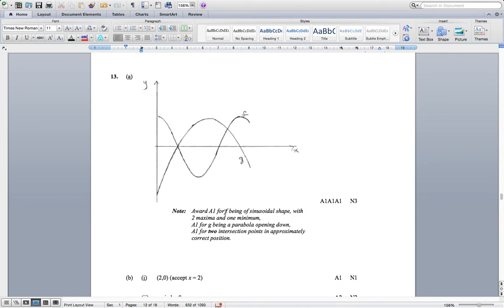Award A1 for f being of sinusoidal shape, with 2 maxima, here and here, and 1 minimum. And also award A1 for g being a parabola opening down, and A1 for 2 intersection points in approximately correct position. Okay, so you get 3 marks for that.